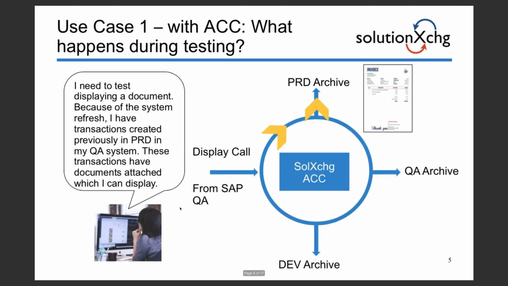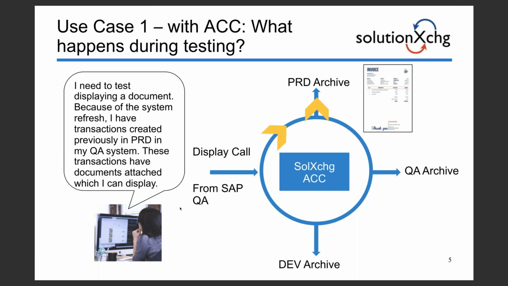Now, looking at different implementation scenarios. So what happens in the case of testing, and I'm trying to access a document from SAP using the ACC? Here, a typical user case: a user is in a QA system.